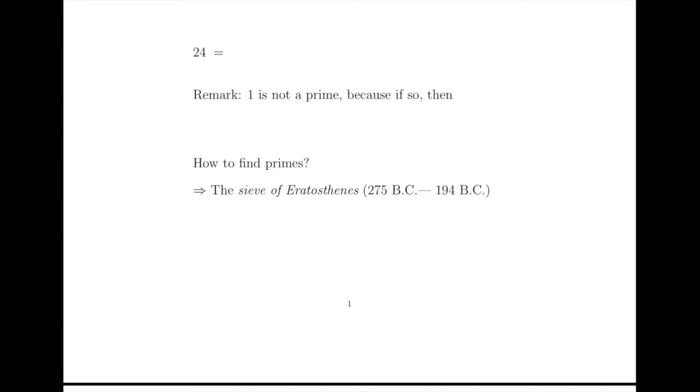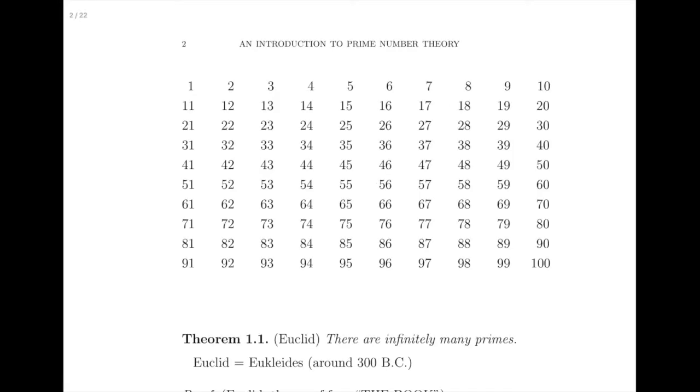For example, if you want to find the prime numbers up to 100, you first prepare the table of numbers up to 100, and then first exclude 1. 1 is not a prime.